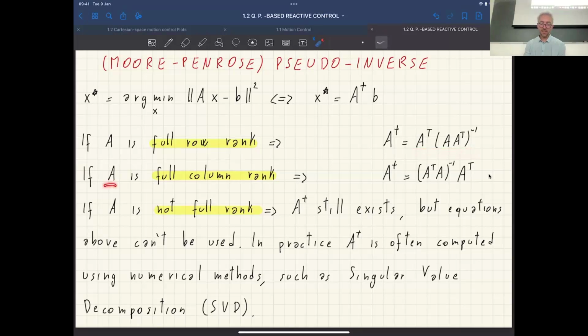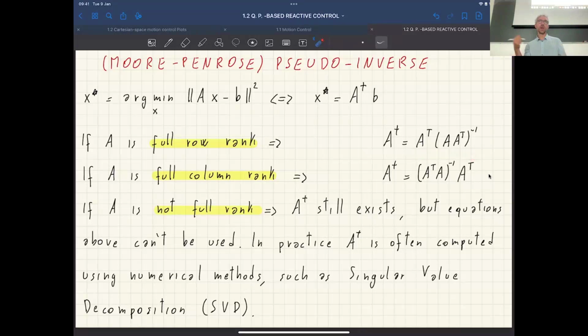If the matrix A instead is full column rank, so its rank is equal to the number of columns, then the pseudo-inverse takes this form, so it's a left pseudo-inverse. If instead, in the general case, A is not full rank, so its rank is smaller than the number of rows and the number of columns, because it cannot be higher, then A pseudo-inverse still exists, but you cannot write it down in a nice compact form as we did here.